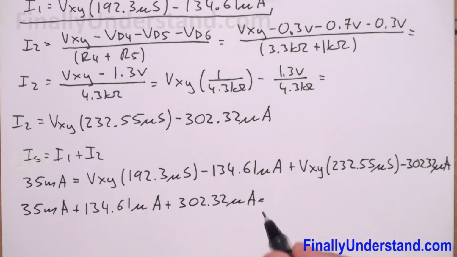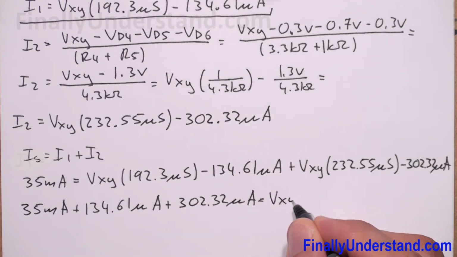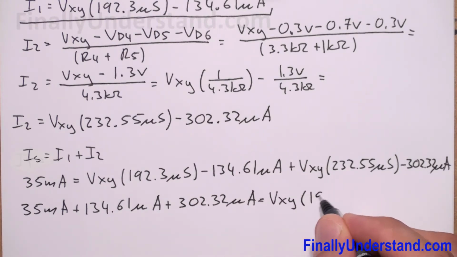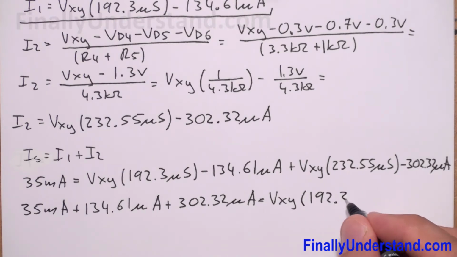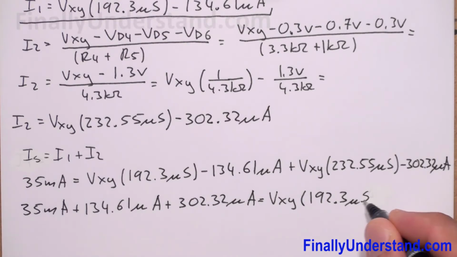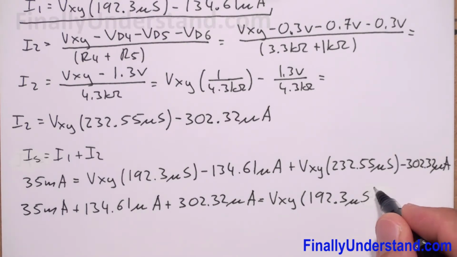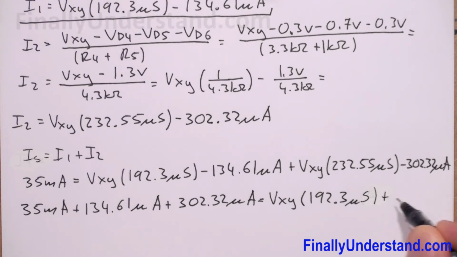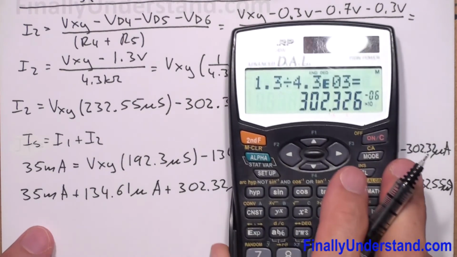This is equal to VXY times 192.3 microsiemens plus VXY times 232.55 microsiemens. Okay, so now I'm supposed to add these values.